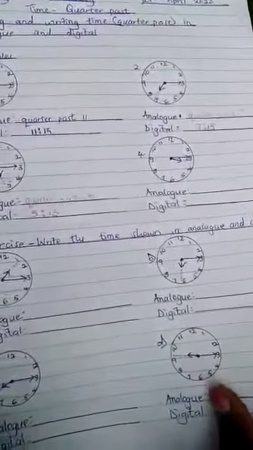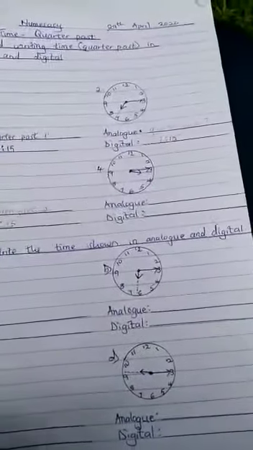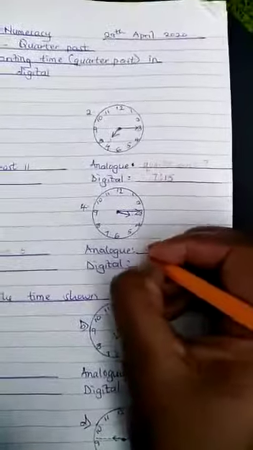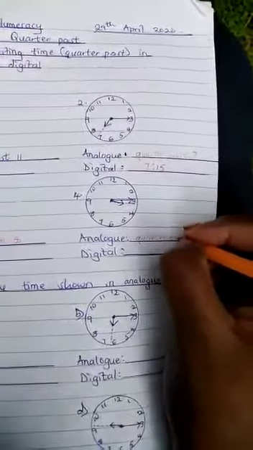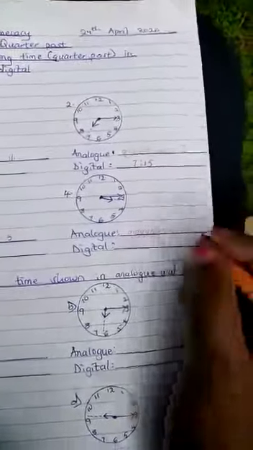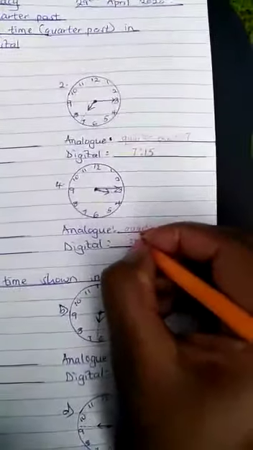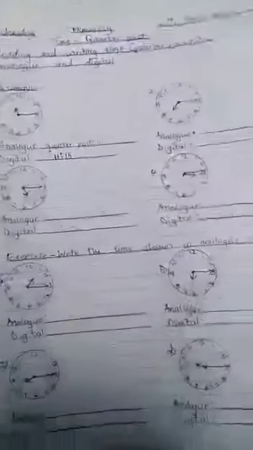That is the time. Then, the fourth and our last example, the time in analog is quarter past 3. And in digital, it will be 3:15. That is the time.